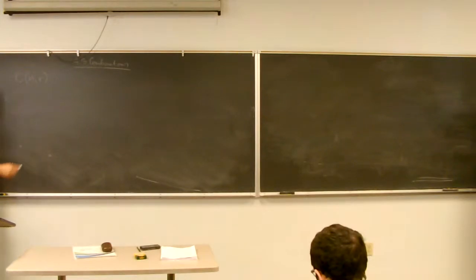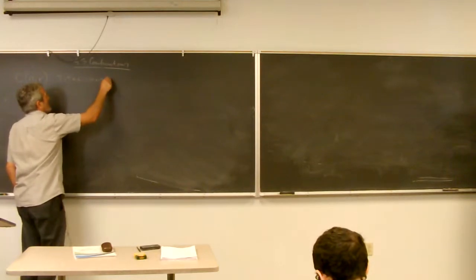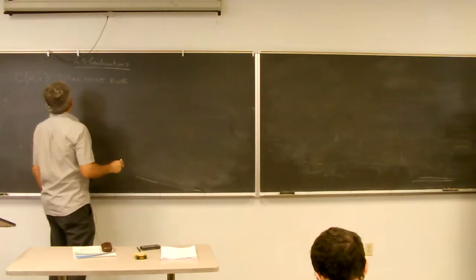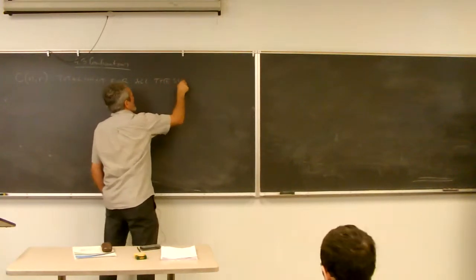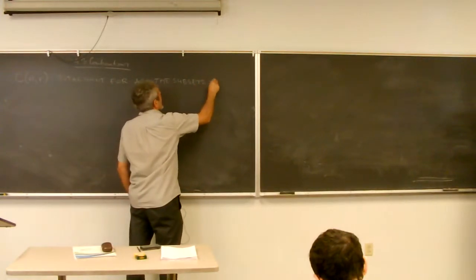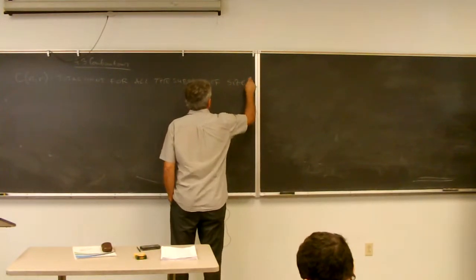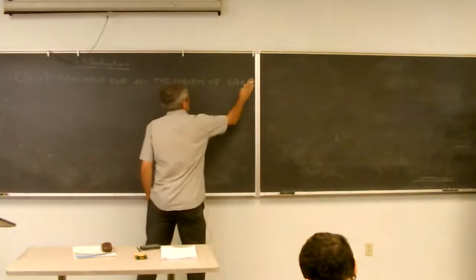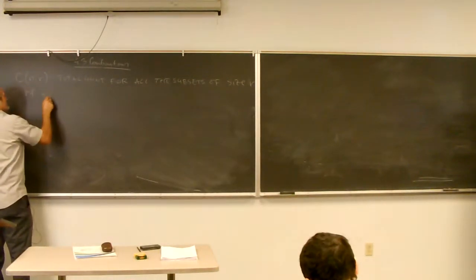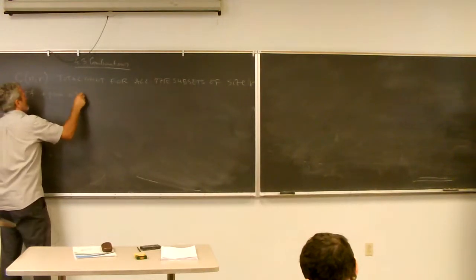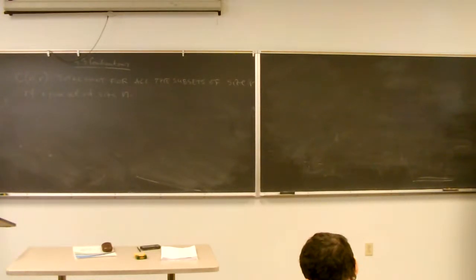And C(n,r) gives us the total count for all the subsets of size r of a given set of size n. So that's what this gives us.